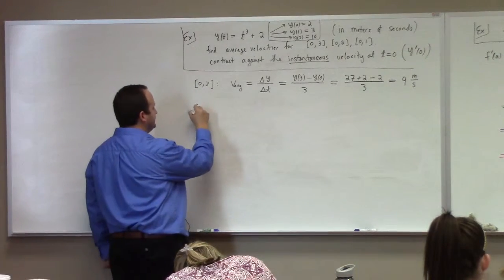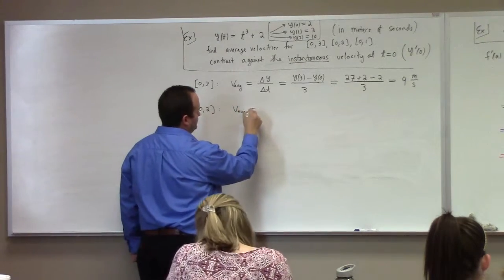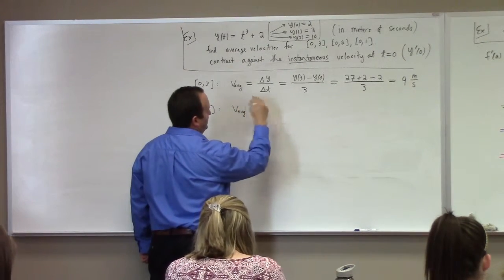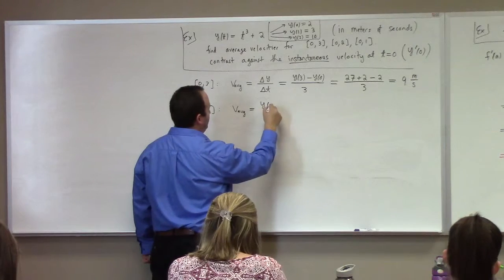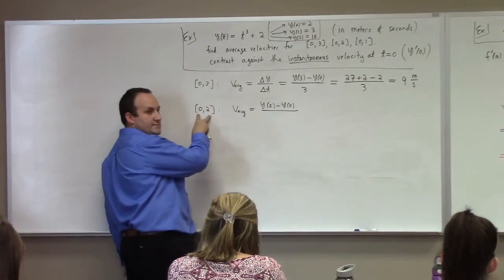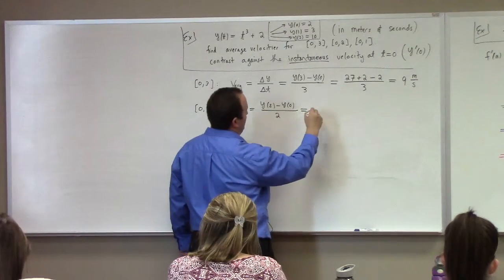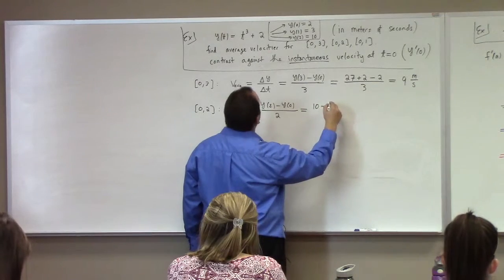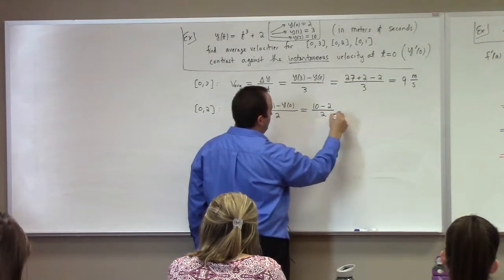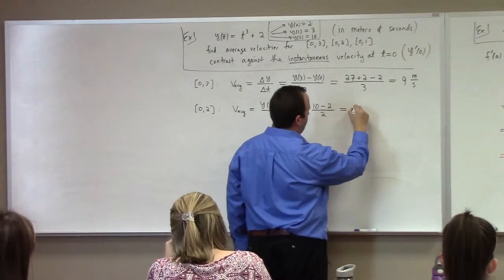0 to 2, what's the average velocity there? So again, change in y over change in t, but this time that's y of 2 minus y of 0. And the change in t is not 3 anymore, it's what? It's 2. So what's that? Well, y of 2 is just 10, so I've got 10 minus 2 over 2, which is what? Yeah, so we get 4.